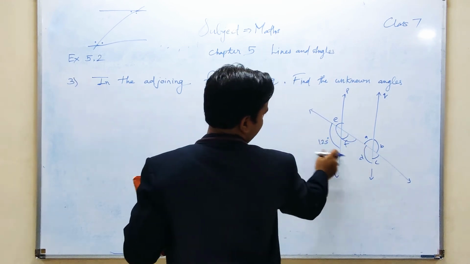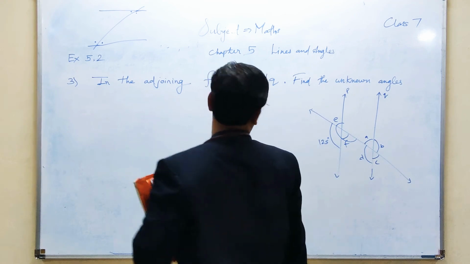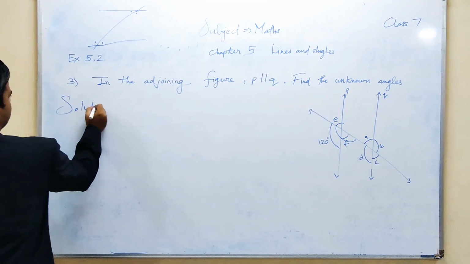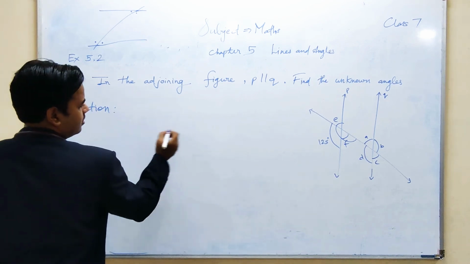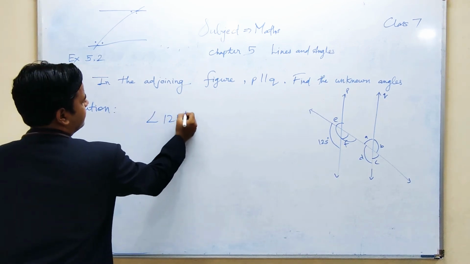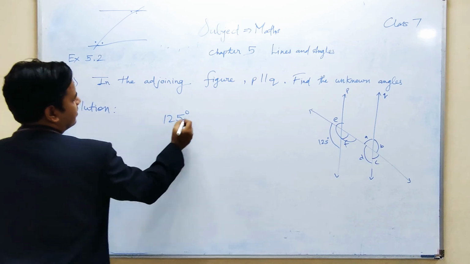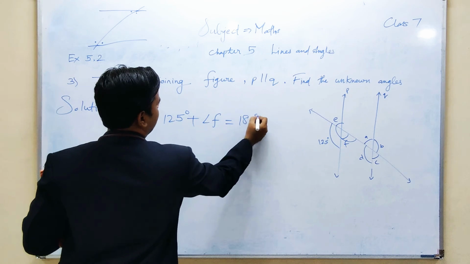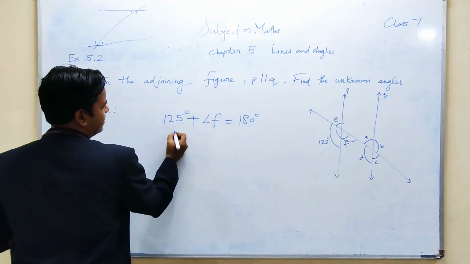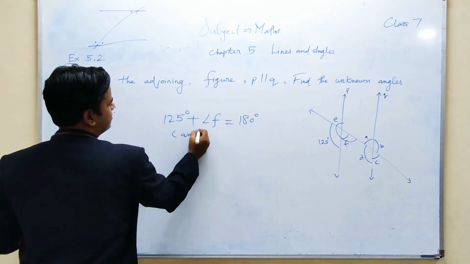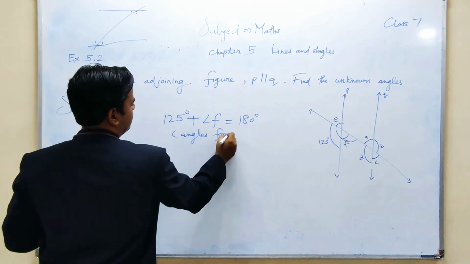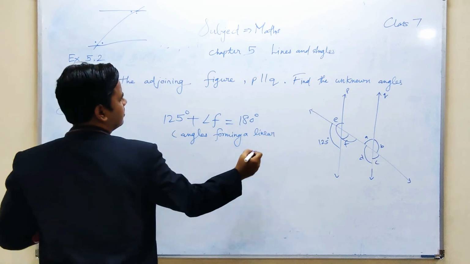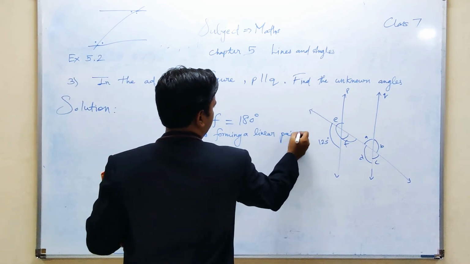125 plus F, these angles are forming a linear pair. So what we can write, solution: angle 125, that is 125 degree plus angle F is equal to 180 degree. Reason you can write, angles forming a linear pair.